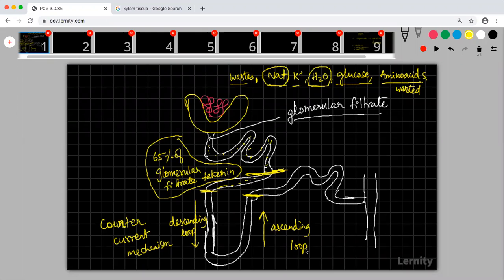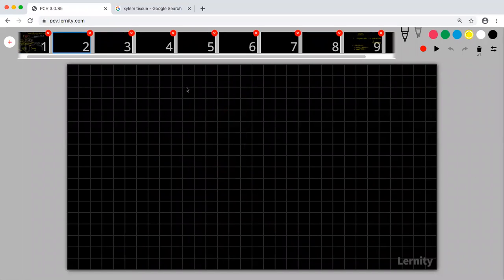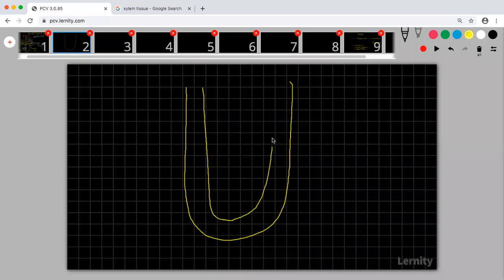So what exactly is the counter current mechanism? The descending loop, I'll take it in the next diagram. The descending loop is permeable to water.